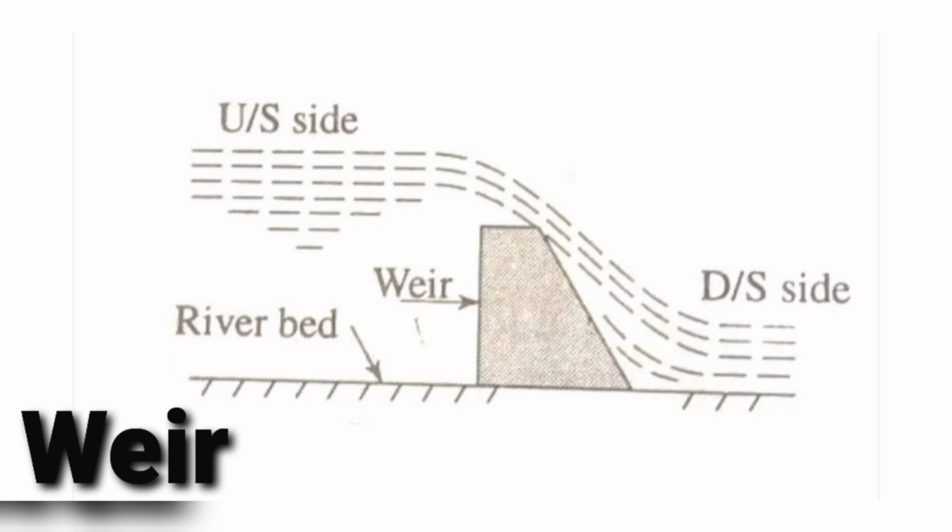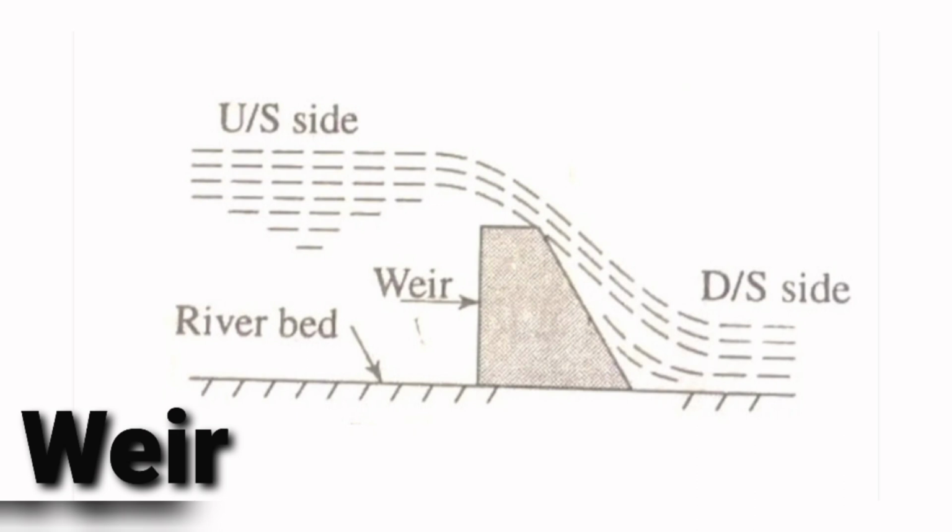And when the water exceeds the level, then that water flows over the weir. Means in the weir it is allowed that water can pass over the weir, and that water is the surplus water. Such a structure is called a weir.